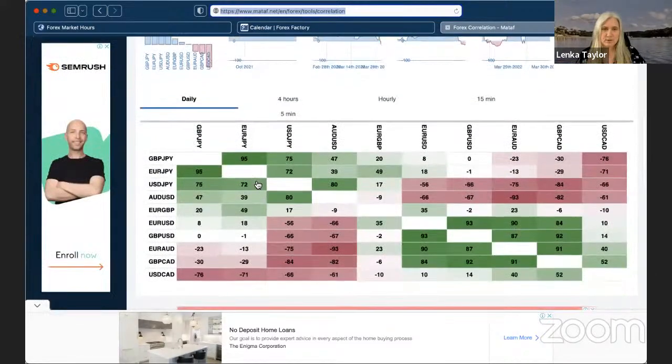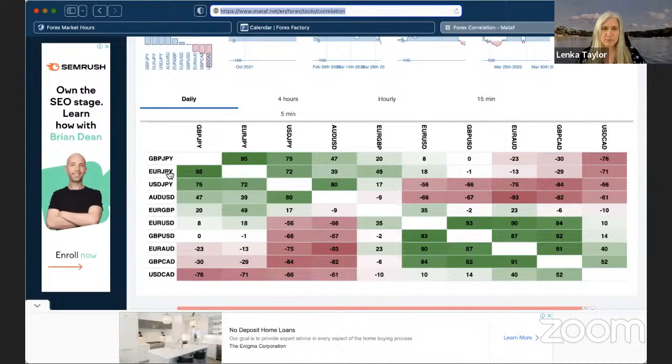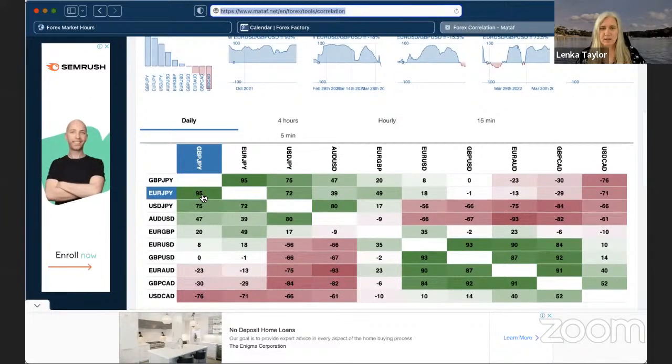So if you are, for example, going to take a trade on Euro Jpy and Gbp Jpy, you can see that the correlation is very high, 95. That means those two pairs are likely to move in exactly the same direction.